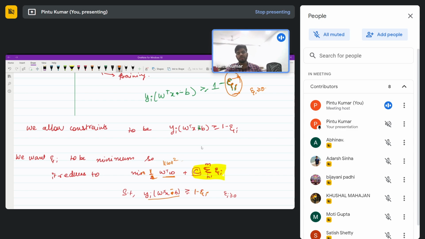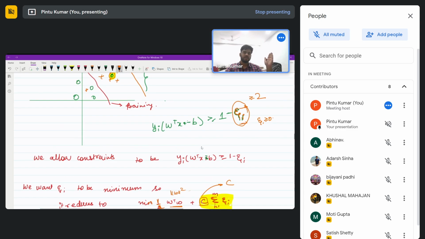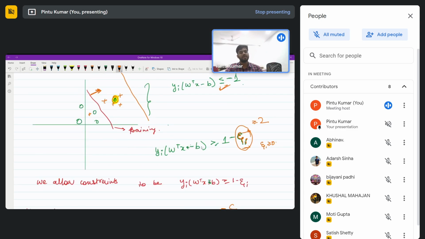along with a hyperparameter C. If you take the value of C to be large, that means it will allow very little error. So let's say if this data point was not here, then I would have tried to minimize this error, since the value of C is very large, and I would have got something like this green hyperplane.